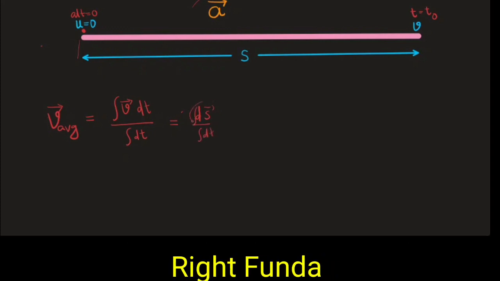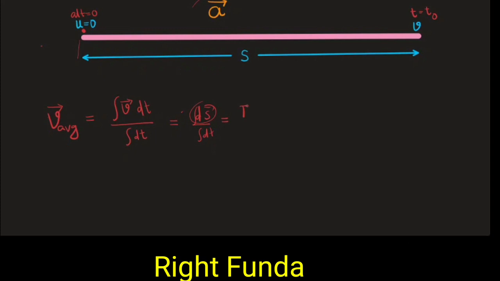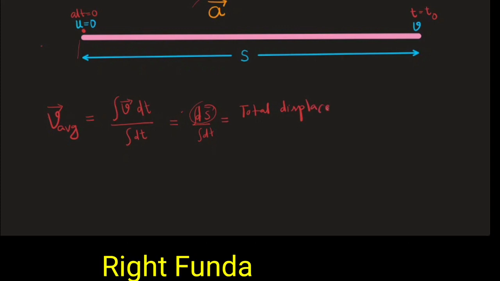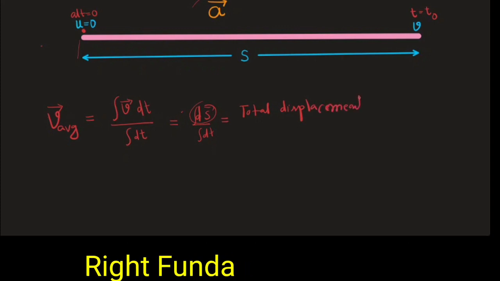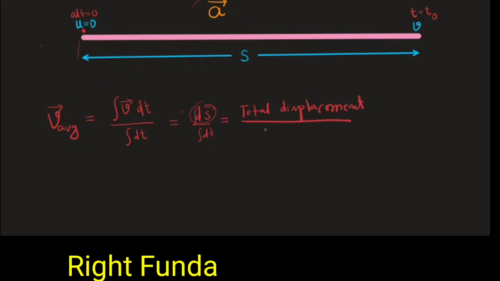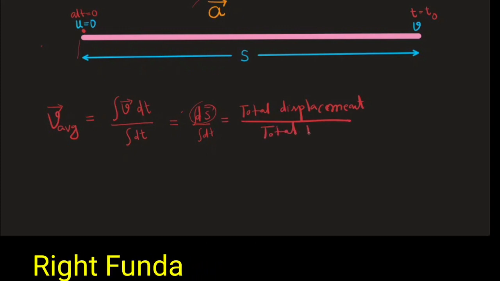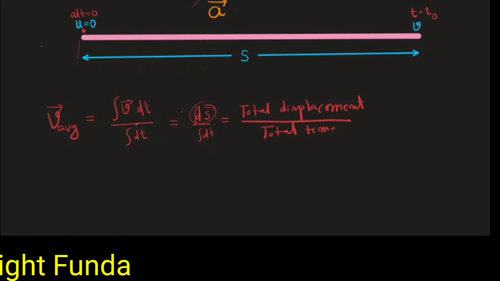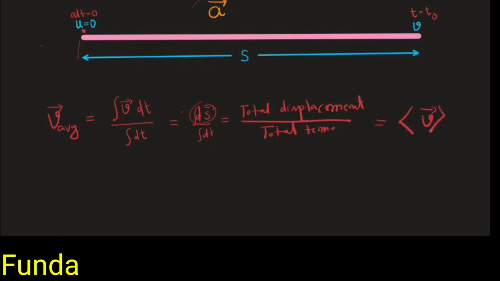This integral of ds is nothing but the total displacement, divided by the total time taken to travel that displacement, the total time duration for that particular course. So this is called average velocity, and in the denominator we have written the time integration. It has a symbol like this also, v average.